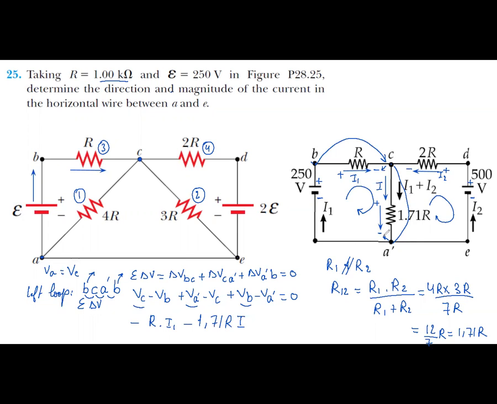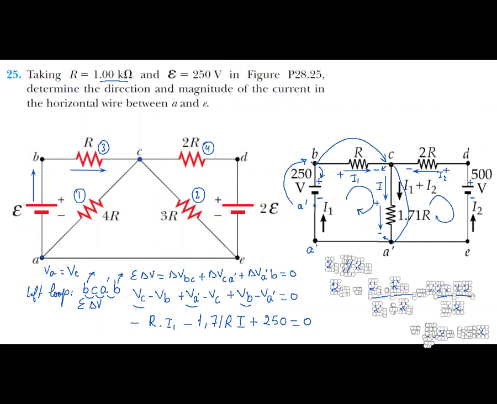Okay, now we come from the point A prime, this one is A prime, the same A prime here, to the point B. B is at the positive side, so we have plus, the voltage will be 250 volt, equals 0. This is the first equation. We can write this one here.